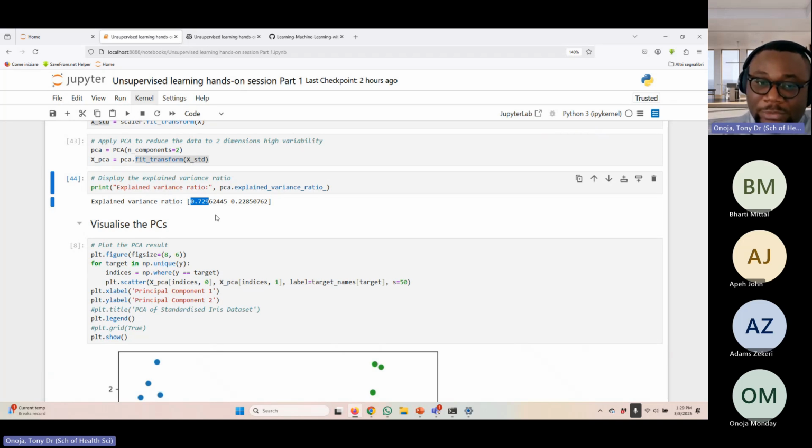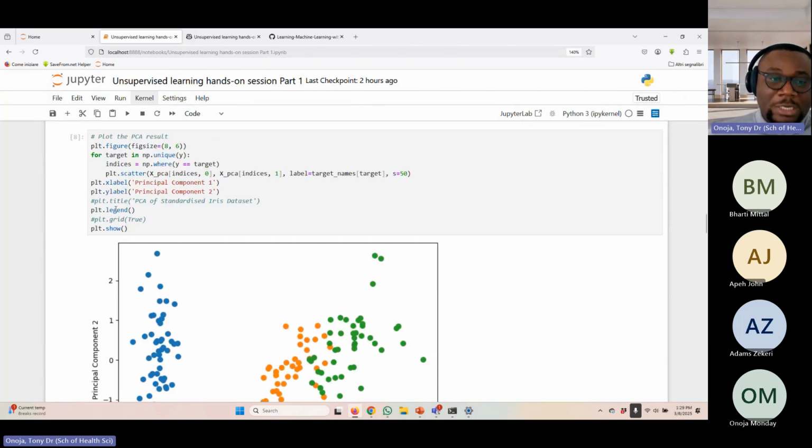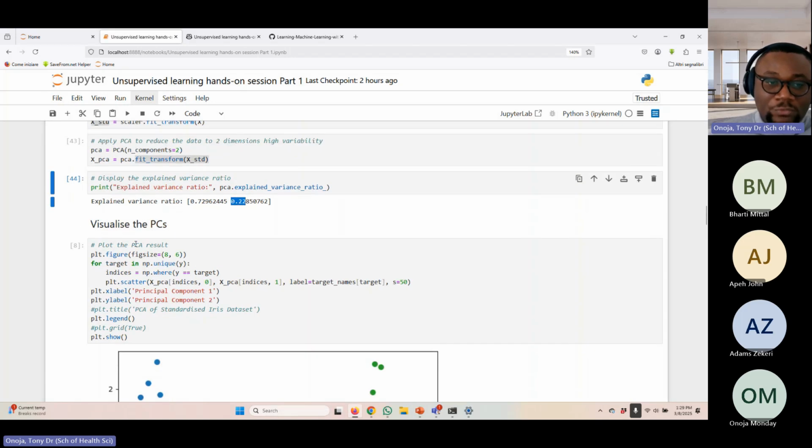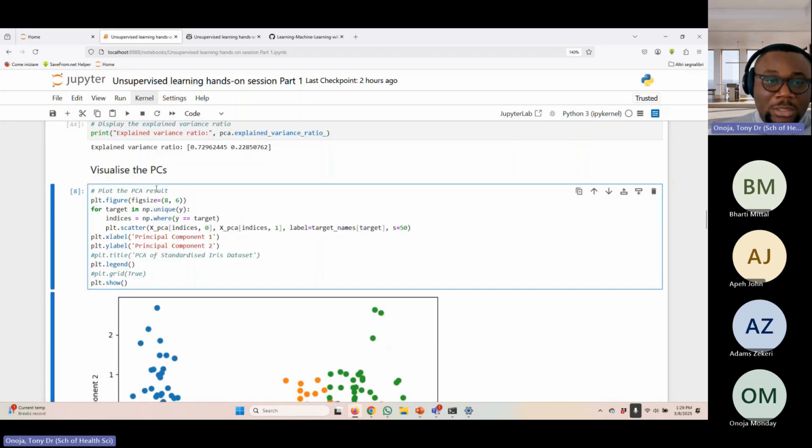It's almost like it captures everything. And then the second component captures 23%. So it all makes sense, because when you add them up, you have lots of the variability captured.